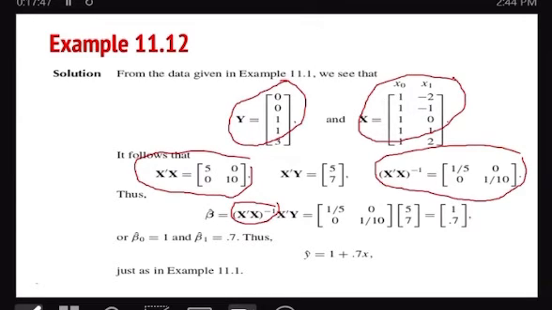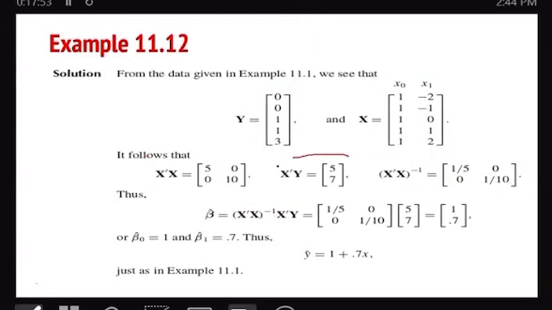So multiply X transpose by Y, and I'm going to get this. You can confirm all of this. The moment you get that, then you're going to use this guy here to multiply that guy. So you're going to use X prime X inverse to multiply X prime Y, which is what we're doing here.